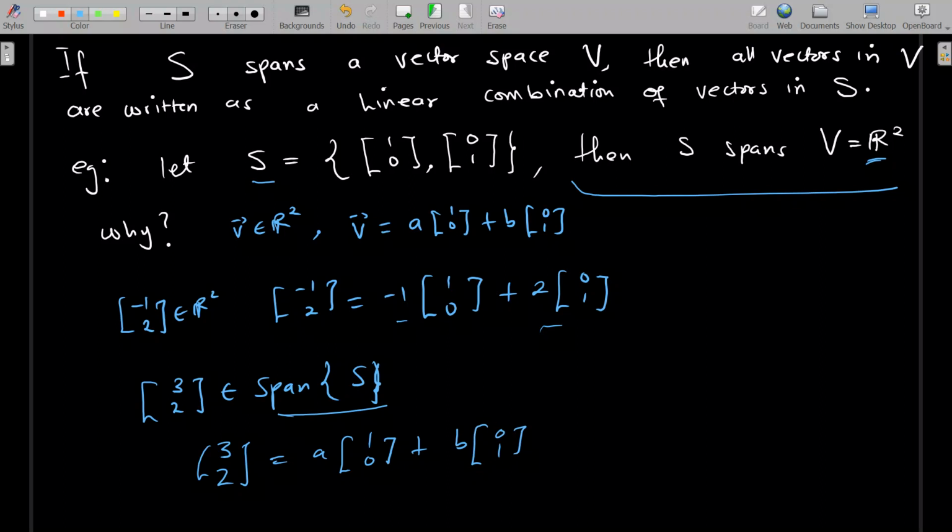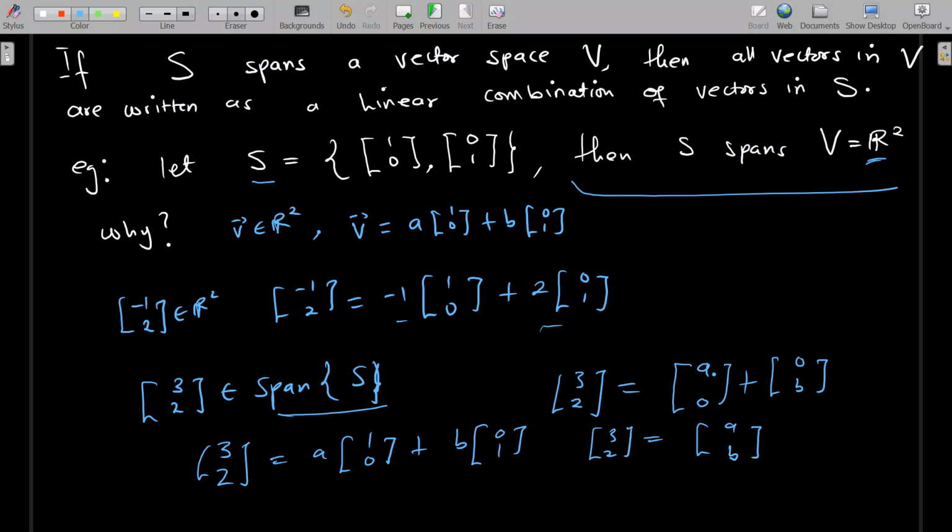If you do this calculation, we're going to have (3, 2) equal to A times (1, 0) plus B times (0, 1). I'm going to get A here, and then A times 0 is 0, plus B times 0, then B, right? If I add, I'm going to have A plus 0, so I'm going to have A here, B here as well, and this is equal to (3, 2).